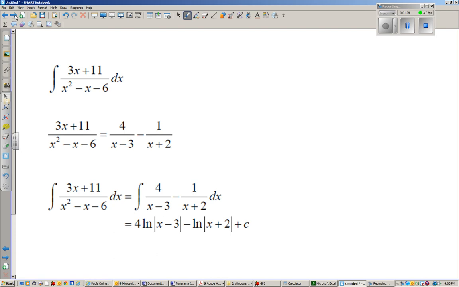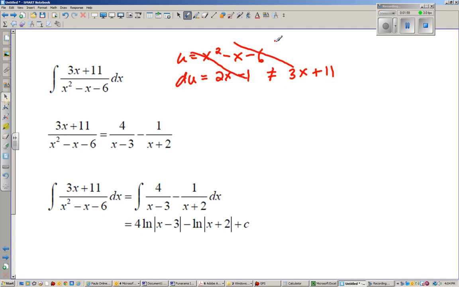So this time, hypothetically, if u equaled x squared minus x minus 6, and you took a derivative, you'd get 2x minus 1, and it doesn't resemble 3x plus 11, nor does any multiple of it equal 3x plus 11.